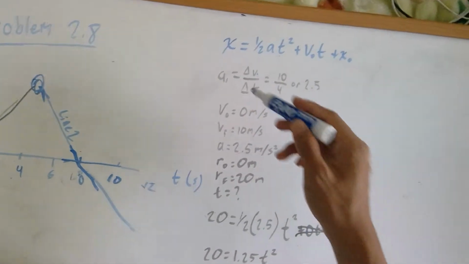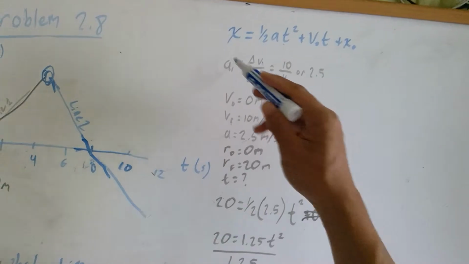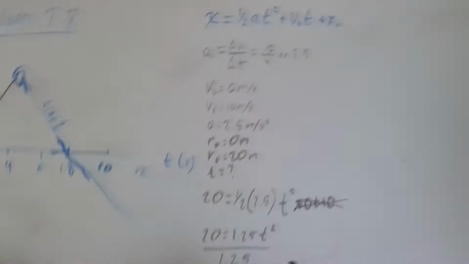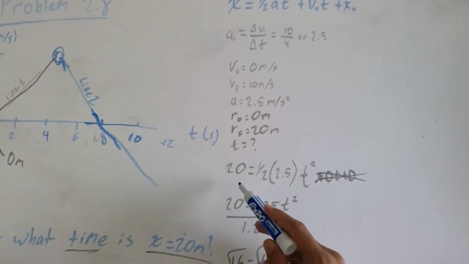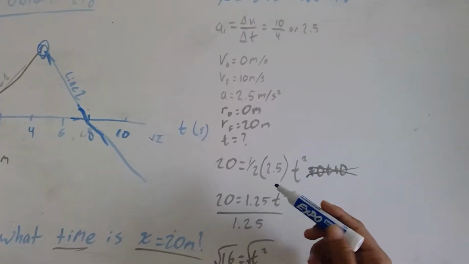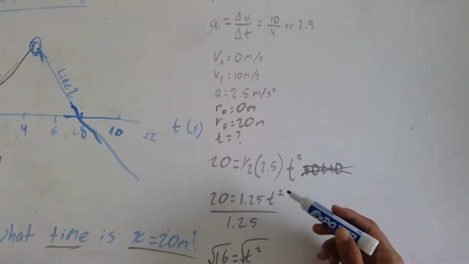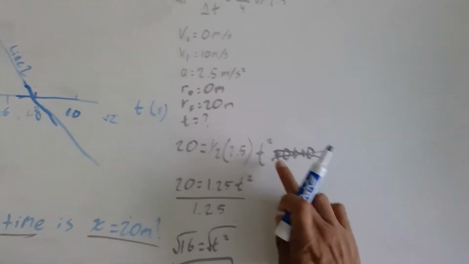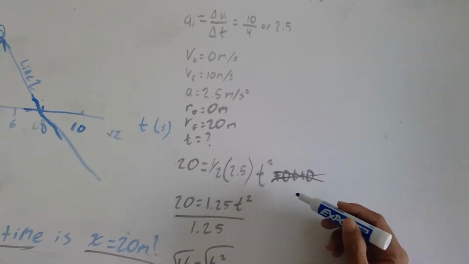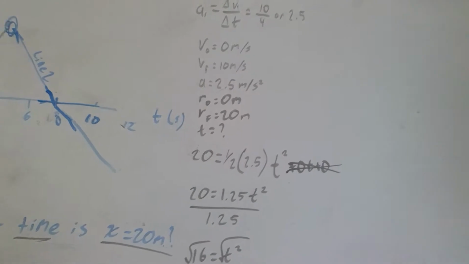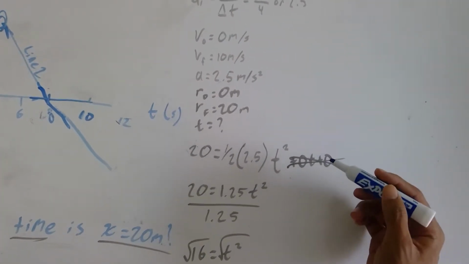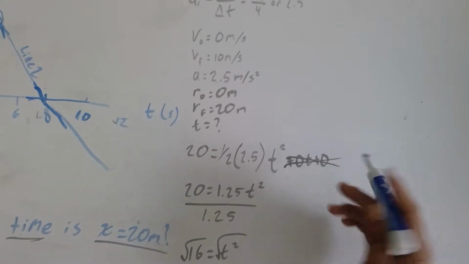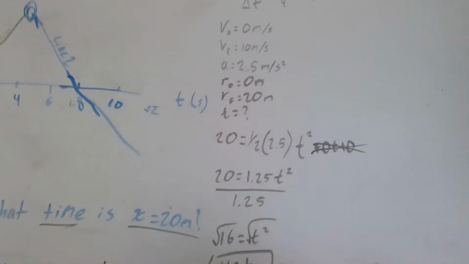So basically, we substitute into this equation all of these values. We're left with 20, the final position, is equivalent to 1/2 times 2.5 t squared plus 0 plus 0t plus 0. I cross those out because they are zeros and don't really matter.